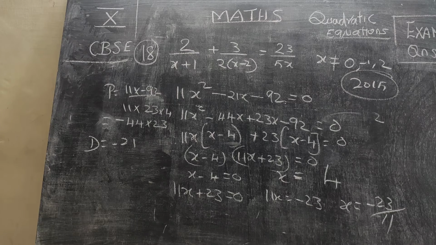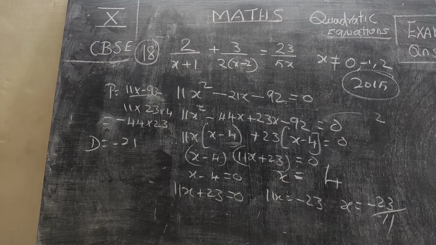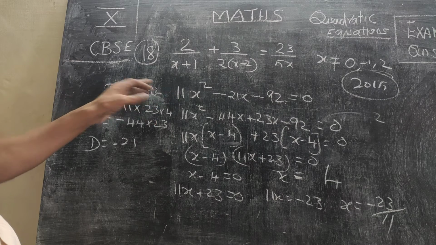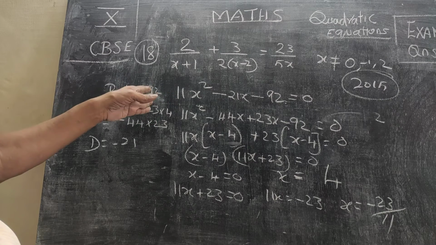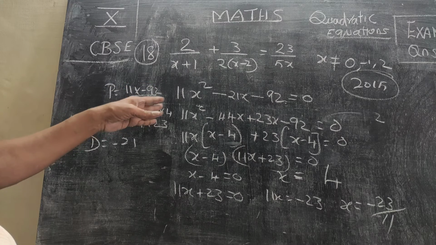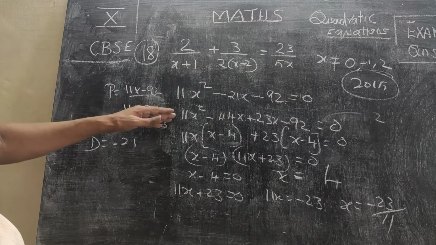So the problem for most of the students is how to find the two numbers which satisfy that the product should be equal to 11 into minus 92 and the difference must be equal to 21. My suggestion is that for such problems go for the factor tree. Keep the prime number as it is, don't go for multiplication. 92 we know as 4 into 23. 23 is a prime number. 4 can be split into 2 into 2 only.